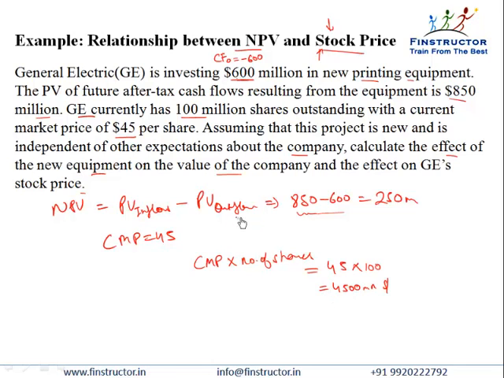After the disclosure of this new project, or the acquisition of this new project, this value will go up by $250 million to a total of $4750 million. And what will be the new stock price per share?